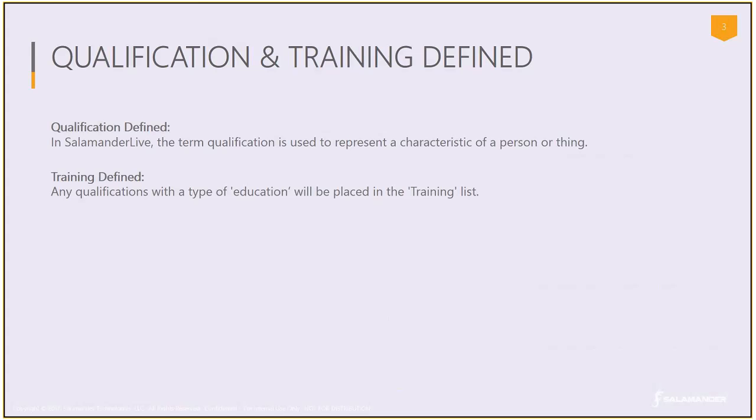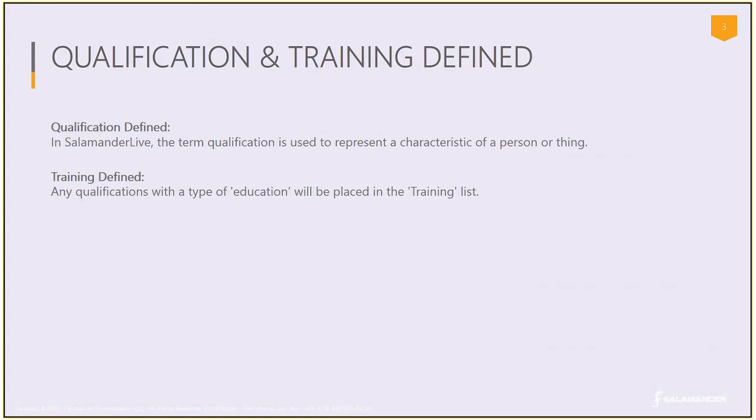Any qualification that has a type of education is going to be separated into its own training list. So in Salamander Live, you're going to see, especially for personnel, a list for qualifications and a list for training. And what this does is it allows you to review and assign training separate from qualifications to a record.